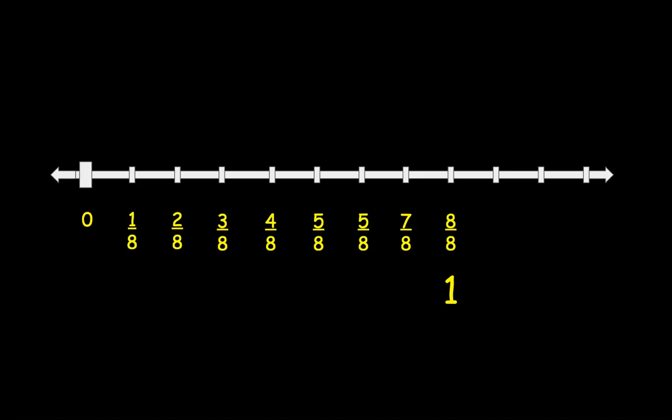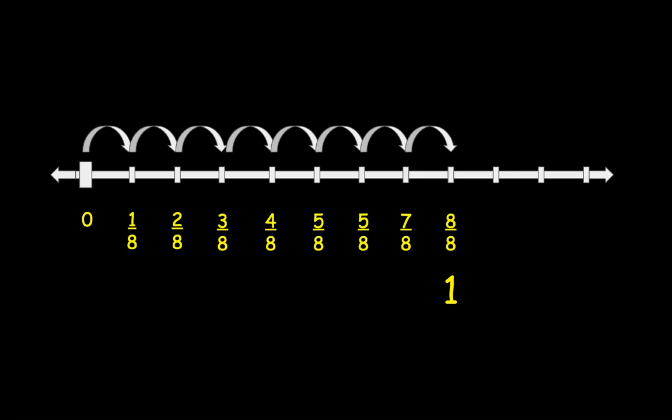Let's go along on the number line. You can see there is 0, there is 1. And I've divided 1, which is your 1 pizza, into 8 equal pieces. Here we go. 1/8, 2/8, 3/8, 4/8, 5/8, 6/8, 7/8, 8/8, and we arrive at 1 whole pizza.